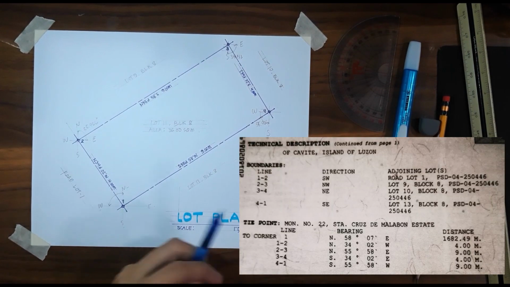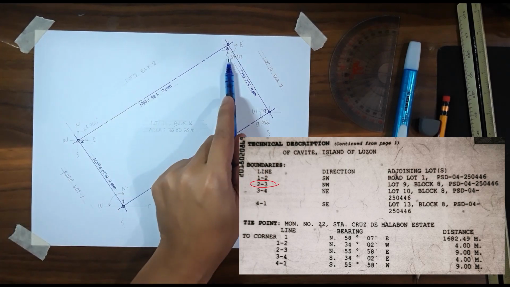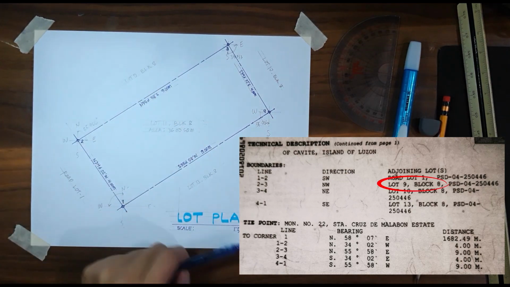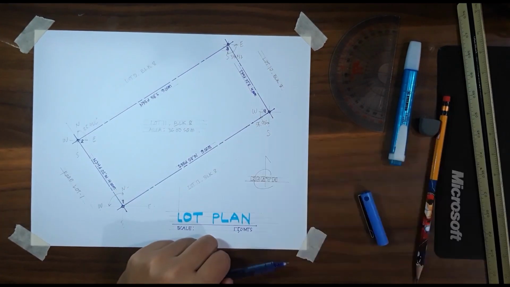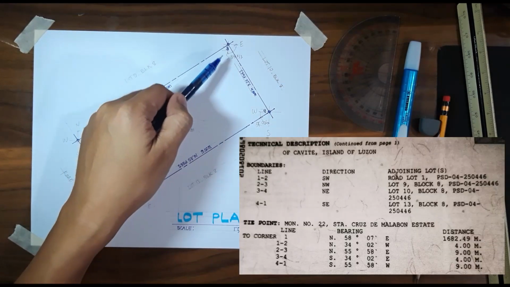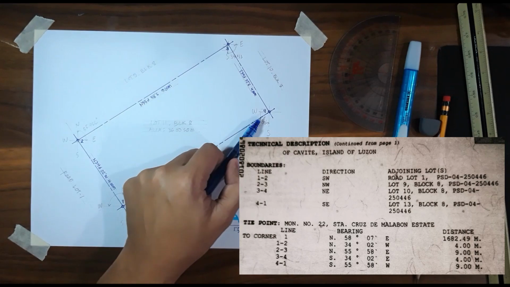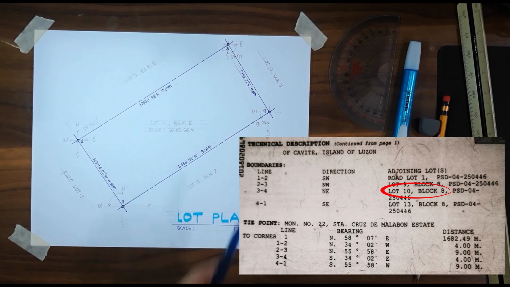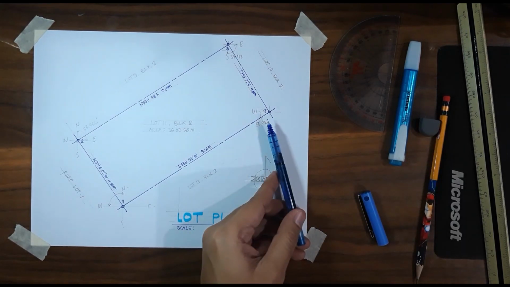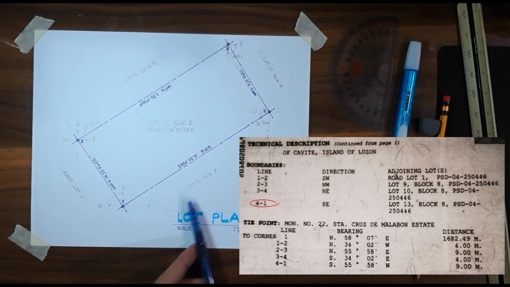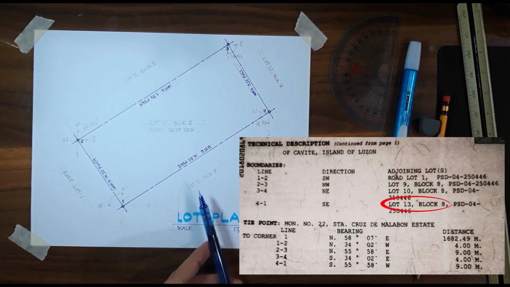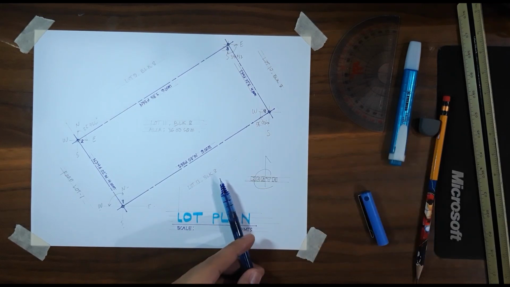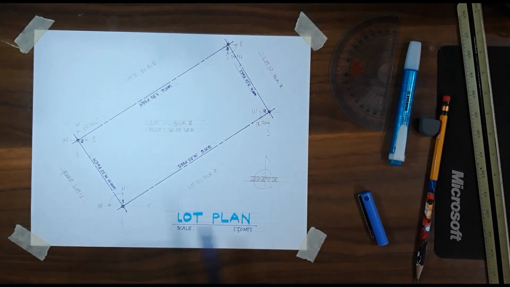The next boundary along point 2 to point 3 is lot 9 block 8. Along point 3 and 4, it's lot 10 block 8. Next, along 4 to 1, is lot 13, block 8. Is that clear? So that's the bounds of the property.